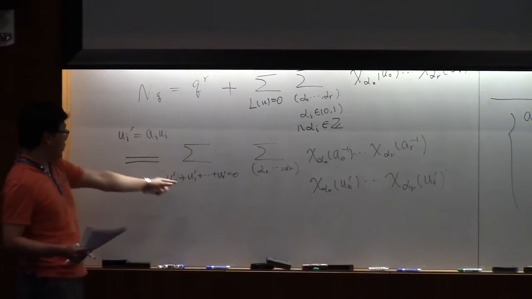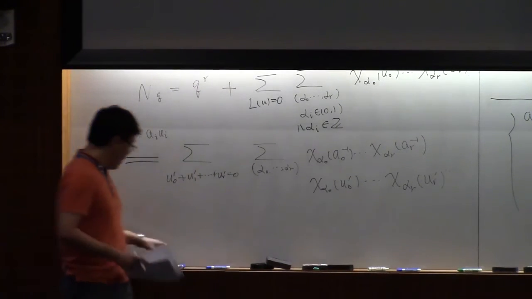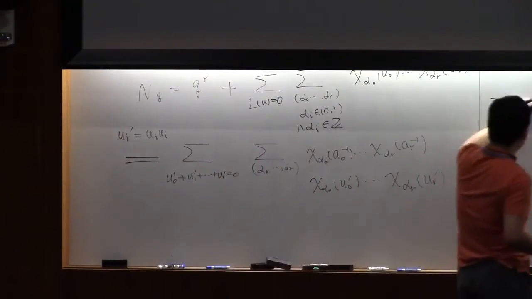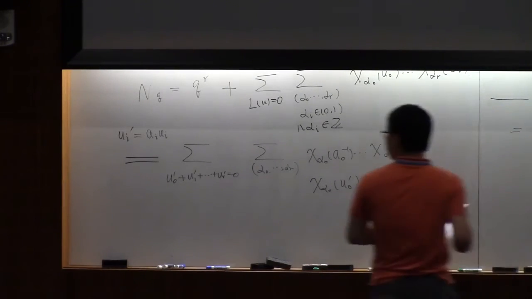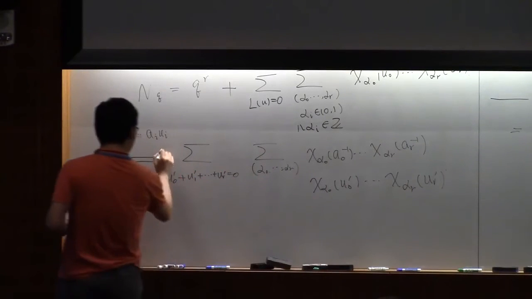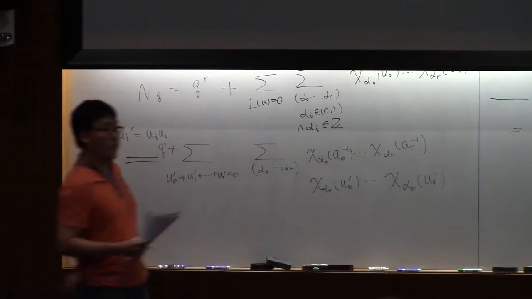So under this change of variables, the linear function becomes this. Oh, sorry, I forgot the q to the r, which comes from the first summation.